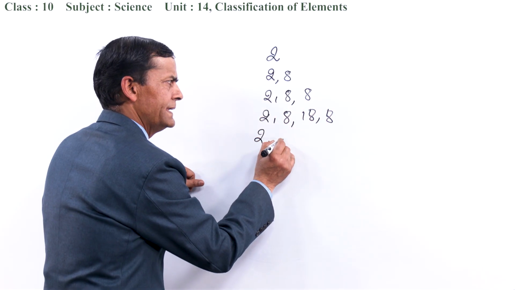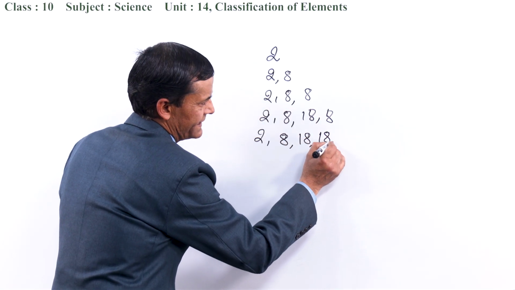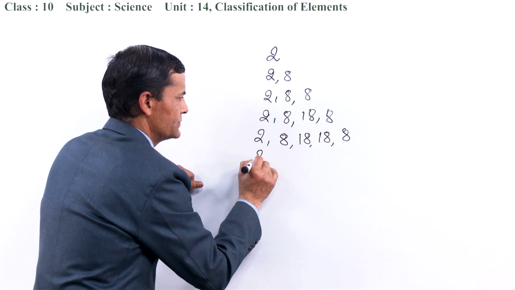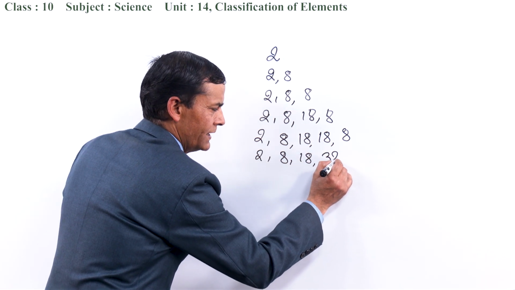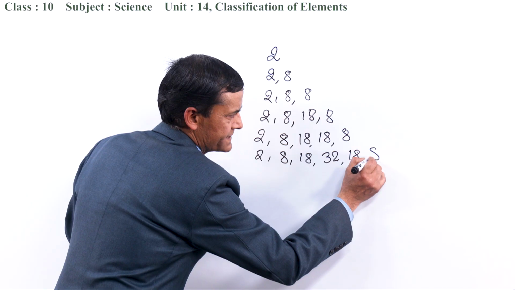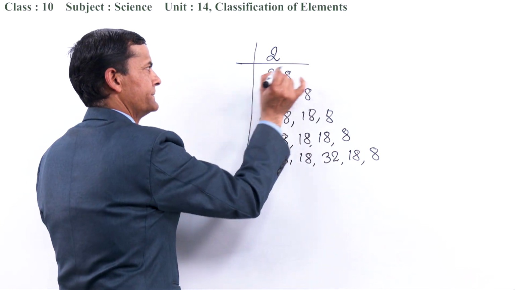Similarly, 2, 8, 18, again 18, then 8, 2, 8, 18, now 32, again 18 and 8. Look at it. How many elements are there?